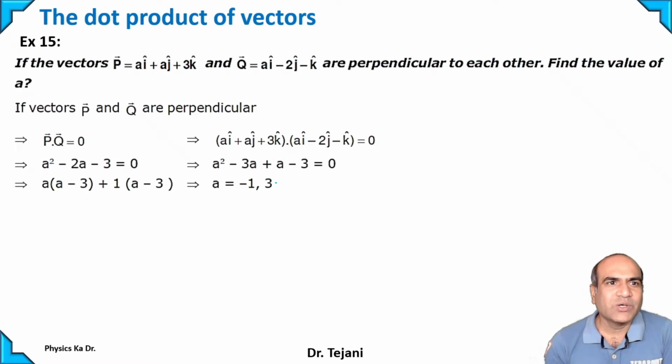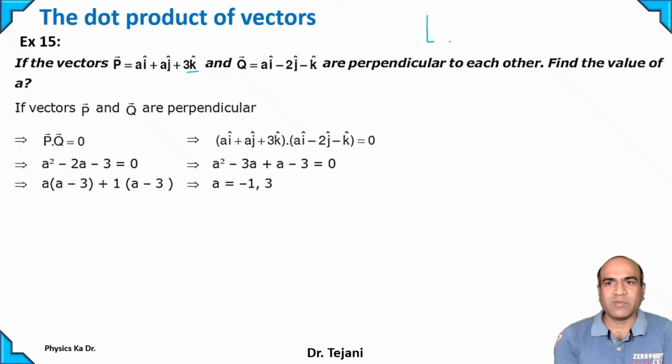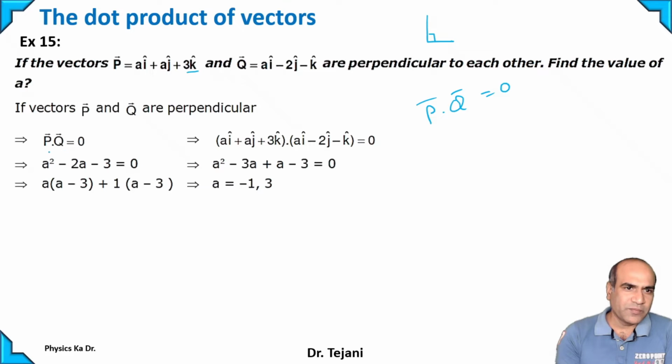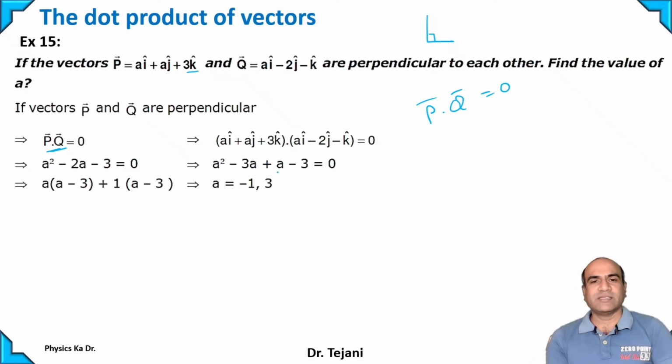Let's have example number 15. What is mentioned? If the vector p is equal to a i plus 3j, q is equal to a i minus 2j minus k, perpendicular to each other, find the value of a. So see, when they are perpendicular, we know the dot product of the vectors becomes 0.